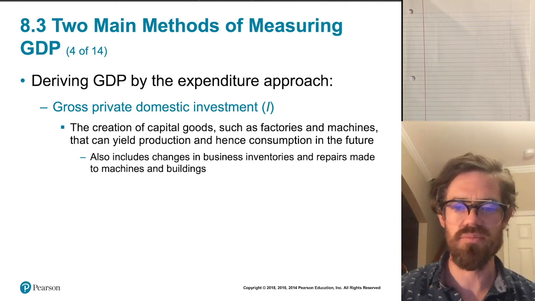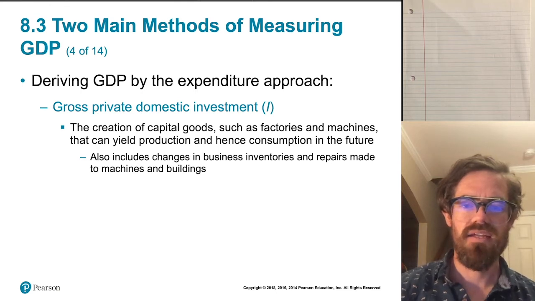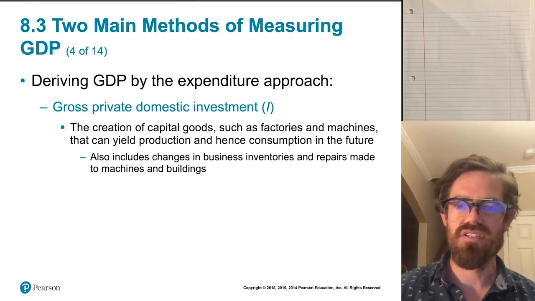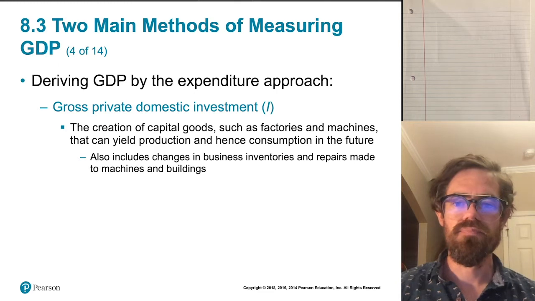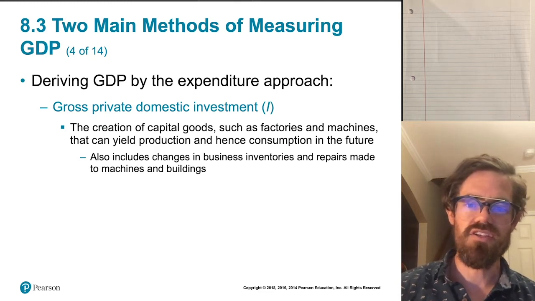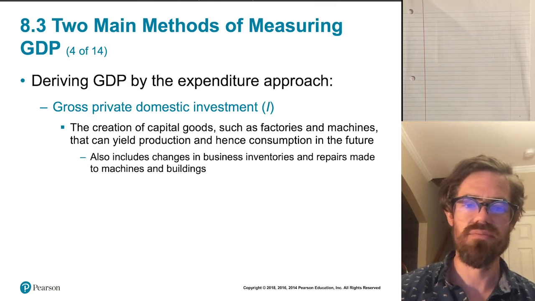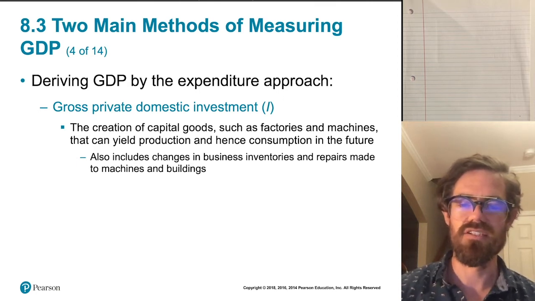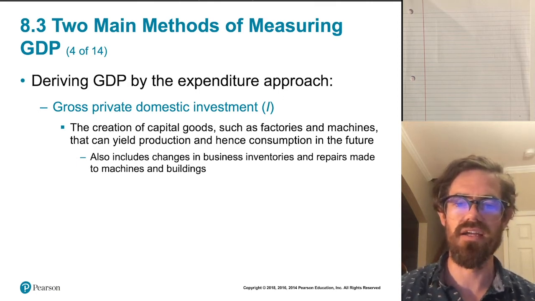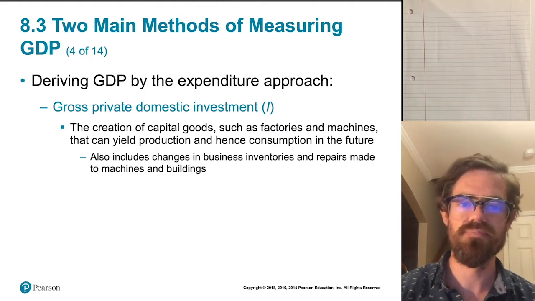So negative investment. And so that's what we mean by changes in business inventory. Investment also includes repairs made to machinery and buildings. So any upkeep expenditures on repairing factories and machines and buildings is also part of gross private domestic investment.